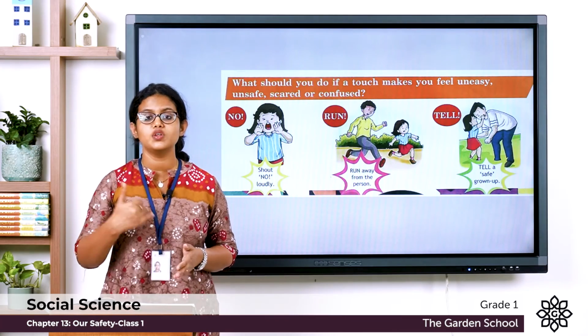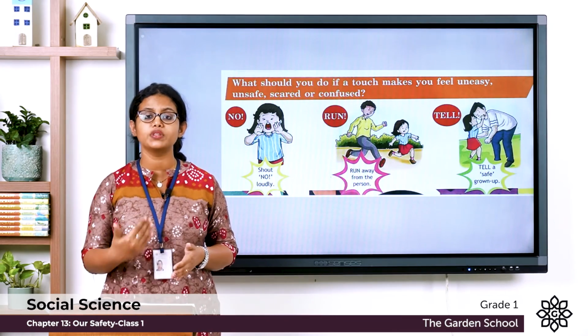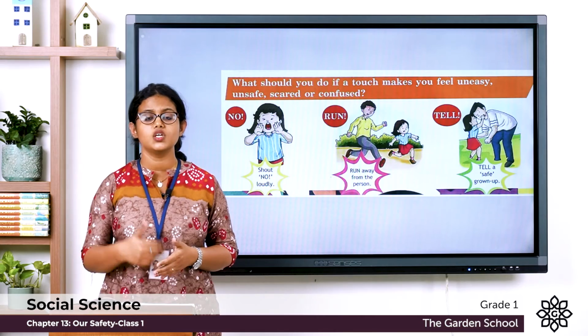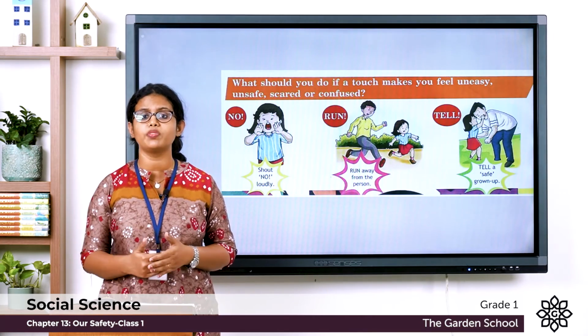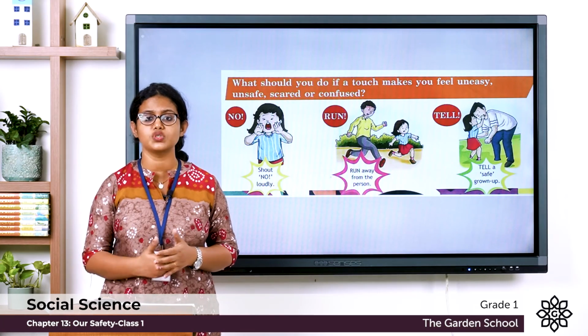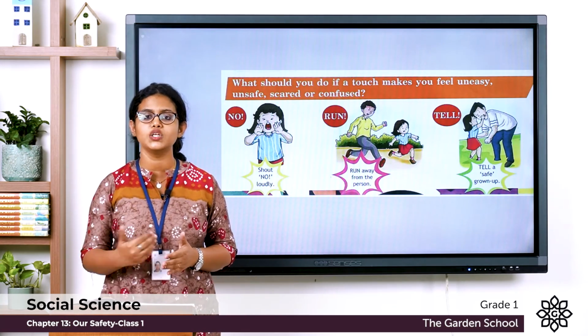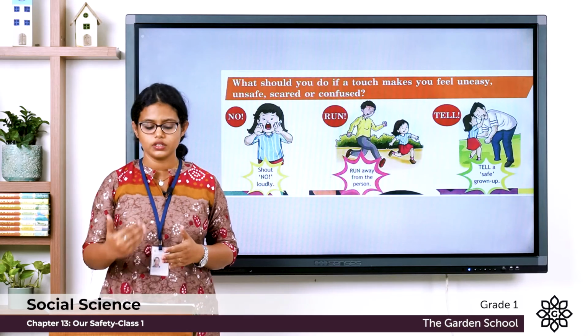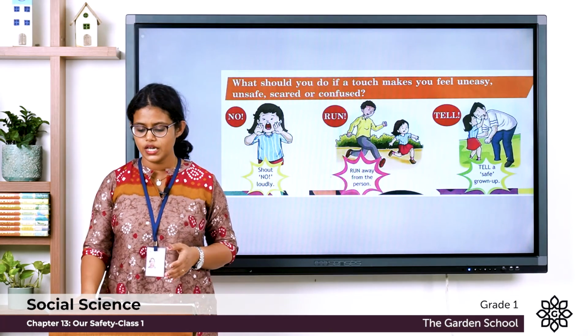Is it safe? No. When a stranger knocks on the door and asks you to open it, you should not open the door. You should inform your elders who are at home. I hope this is clear to you.